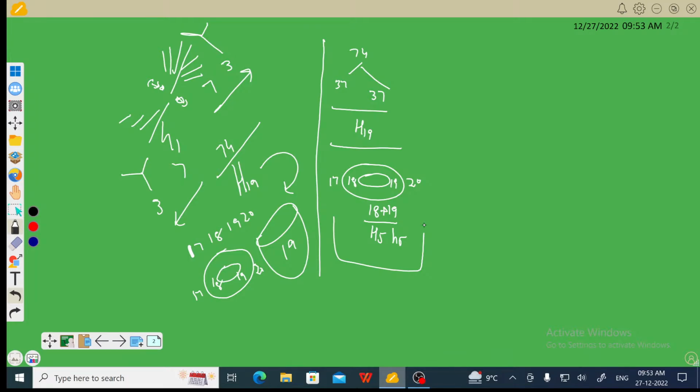So these two folds: H5, small h5, the inner fold as 18 and 19, and the outer fold as H4 and half and D7.